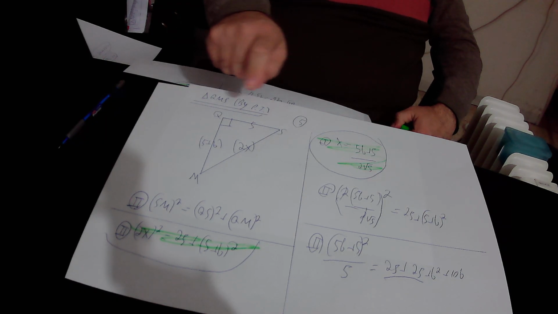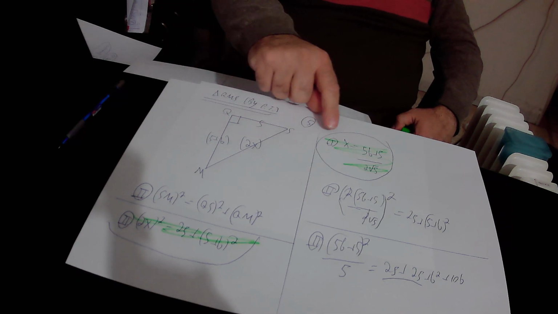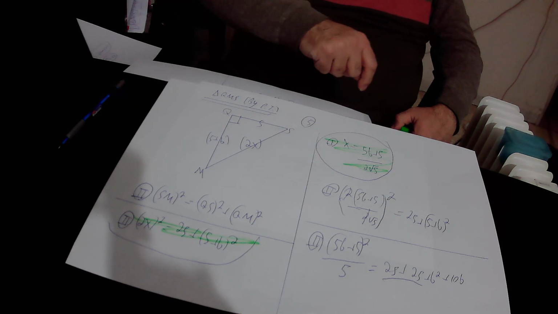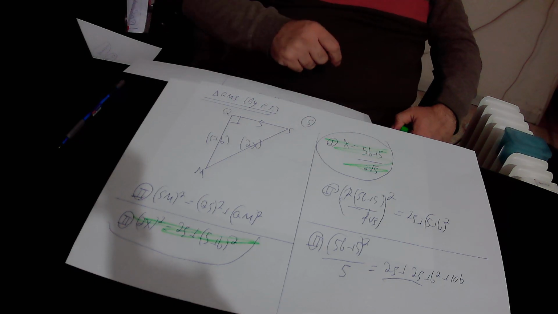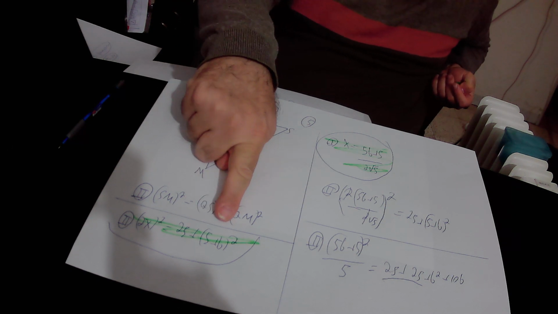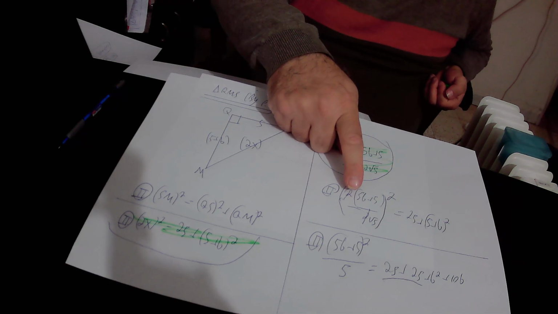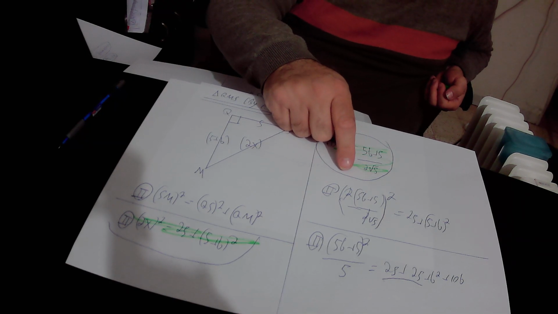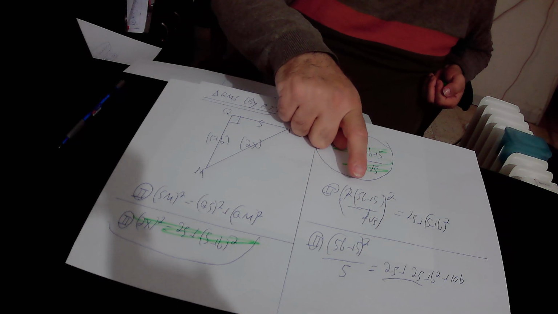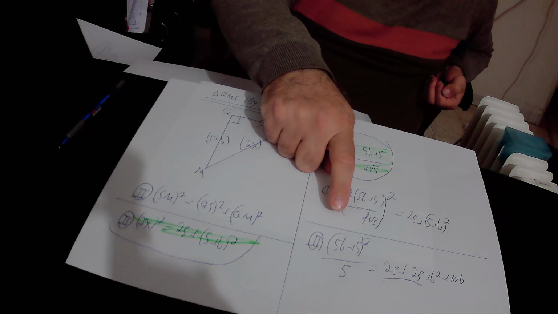We did it and got 2 times (5b plus 5) over 2 times the square root of 5, all squared, equals 25 plus (5 plus b) squared. Here we have 2 in the numerator and 2 in the denominator, so the 2 gets cancelled. Therefore on this side of the equation we are left only with (5b plus 5) squared over the square root of 5 squared, which is 5.